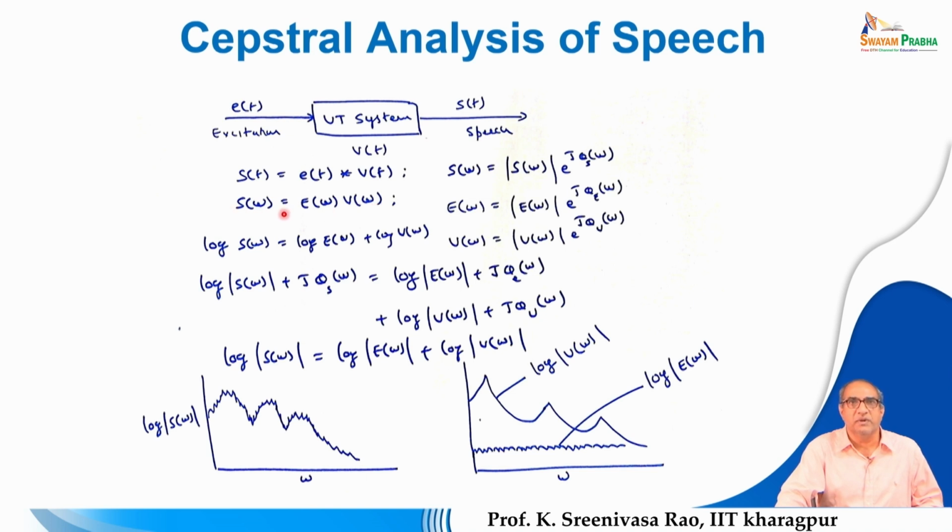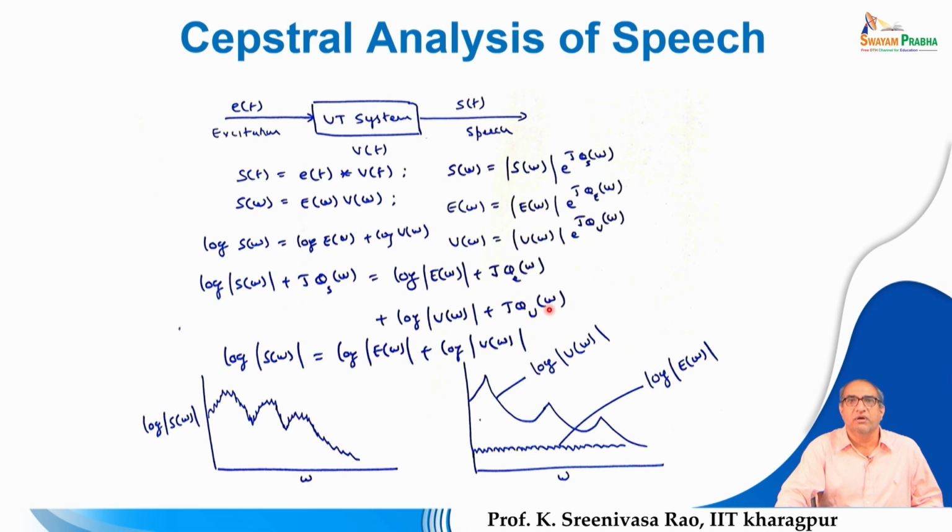To get the individual spectra, if you apply a logarithm on the speech spectrum, since they are a product, they become additive. Log S of omega is nothing but log E of omega plus log V of omega, and this contains both magnitude and phase components. So log of mod S of omega is the log magnitude of the speech spectrum, plus the phase component.